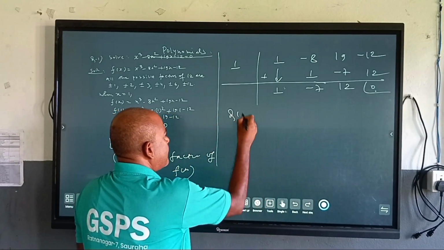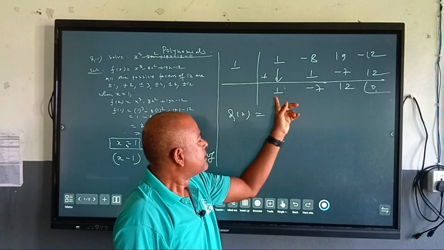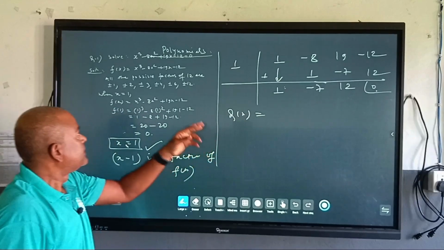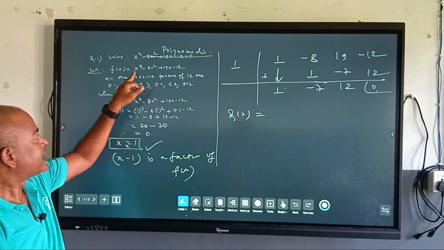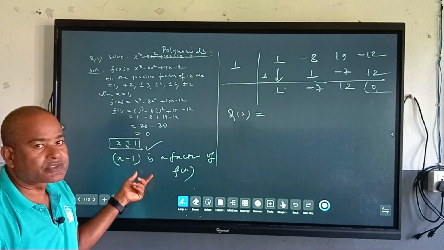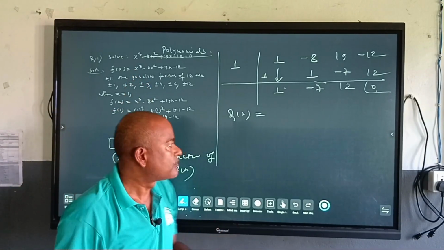Dear students, now the quotient. These are the coefficients of the quotient. The degree of the first term of the polynomial is x³. After dividing the given polynomial by x minus 1, the degree of the polynomial will decrease by 1.